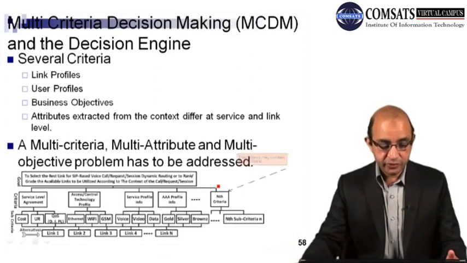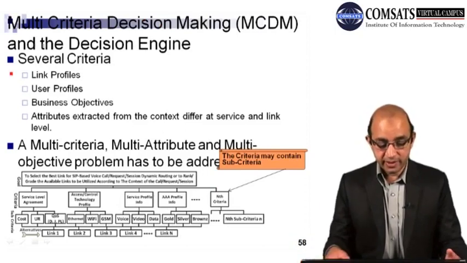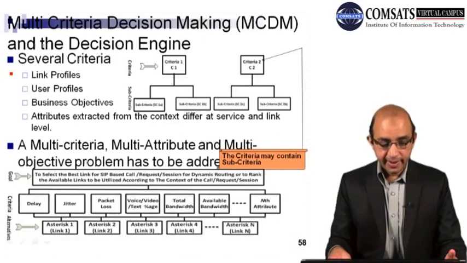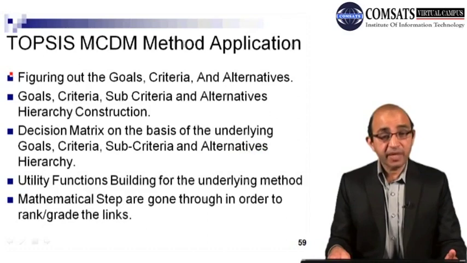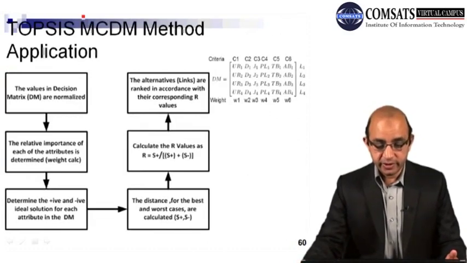So you can see we have user profile, link profiles, business objectives. There's a whole bunch of data that has to be taken into account in order to compute the decision, right? And here the method TOPSIS is used. Also you can see these are the criteria, and these are the different metrics, right?